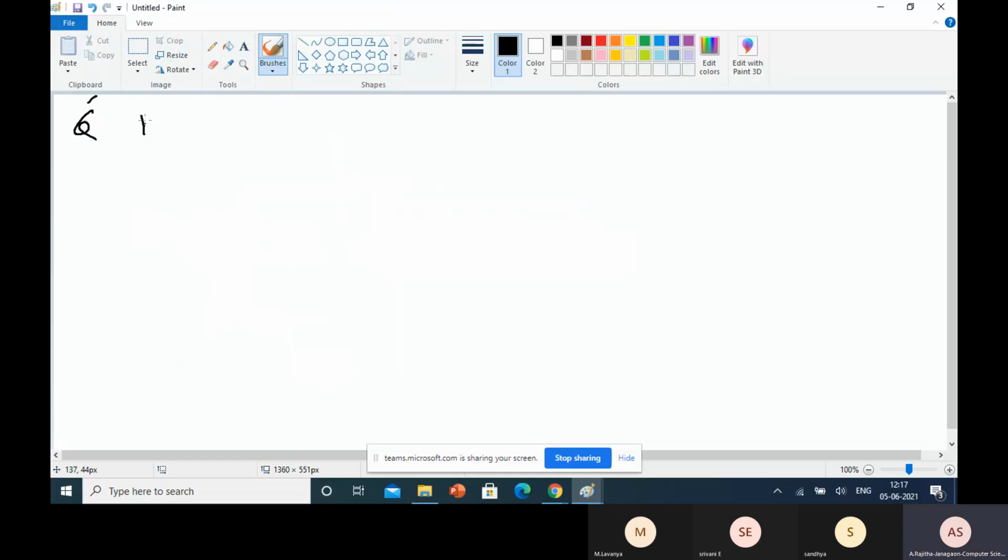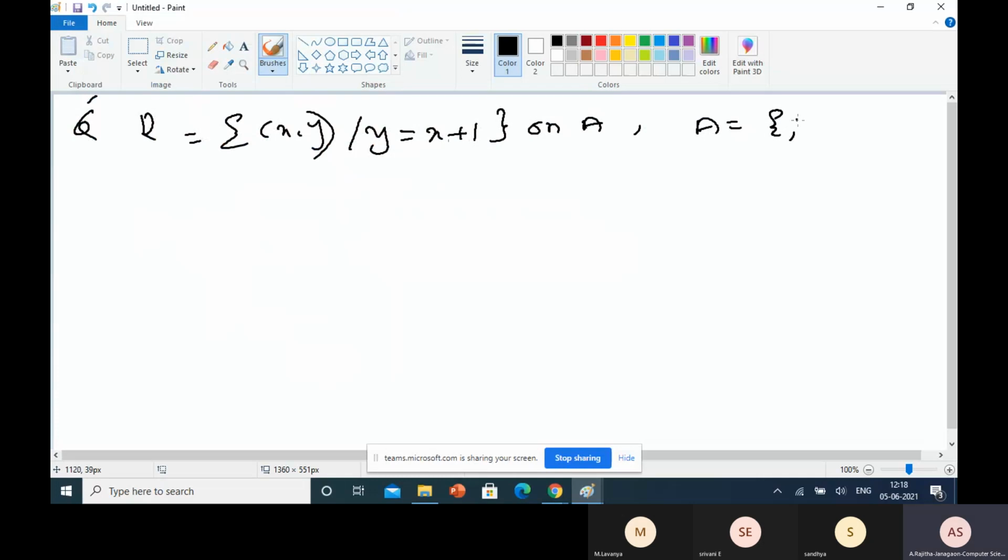Here R is some relation, that is x comma y such that y equals x plus 1 on A. Here A has only 3 elements, 1, 2, 3. And S equals x comma y such that x is less than or equal to y on A only.